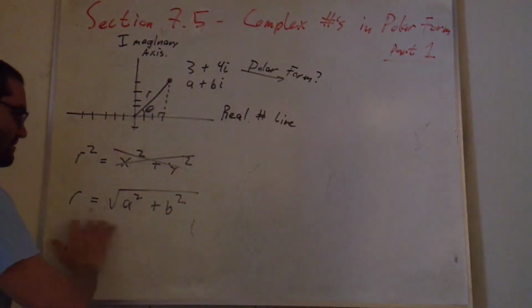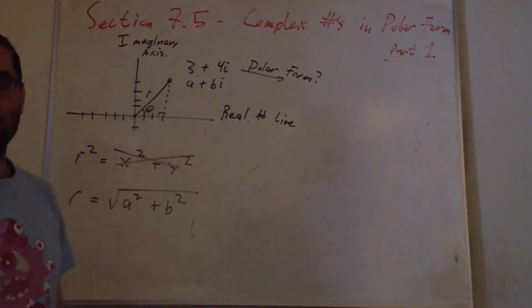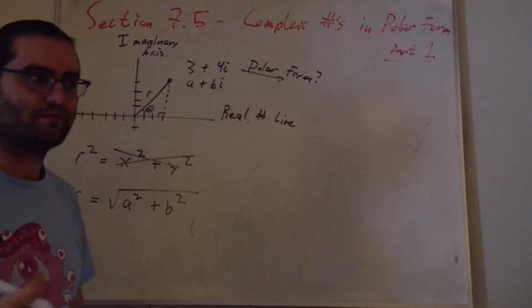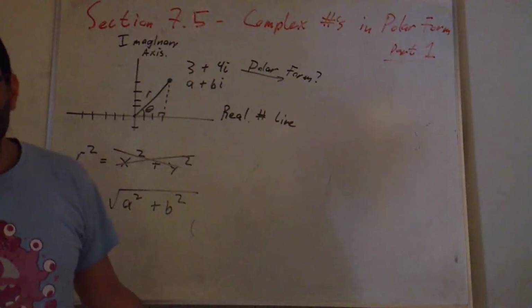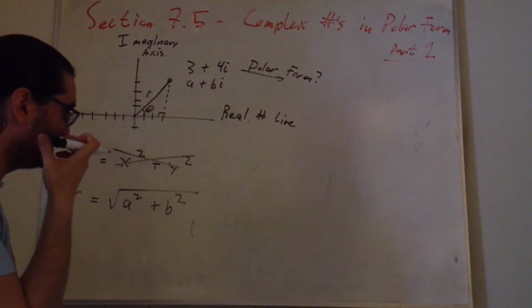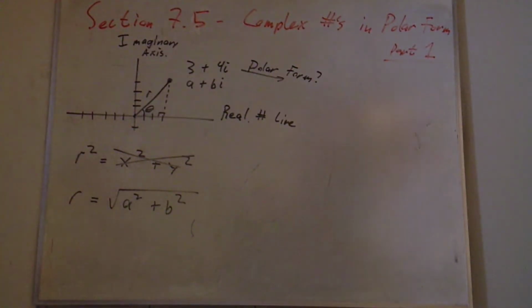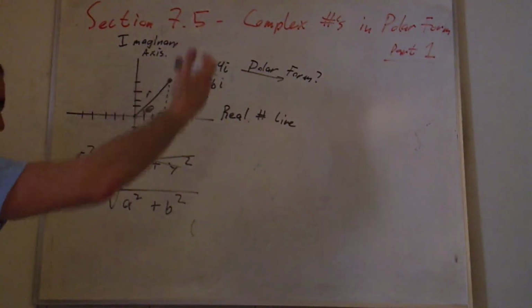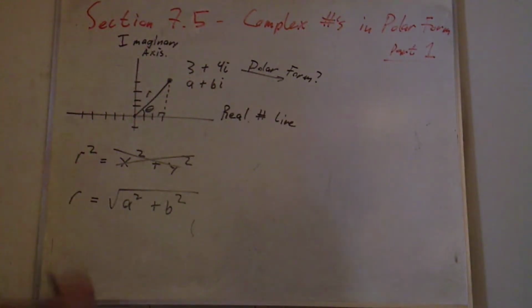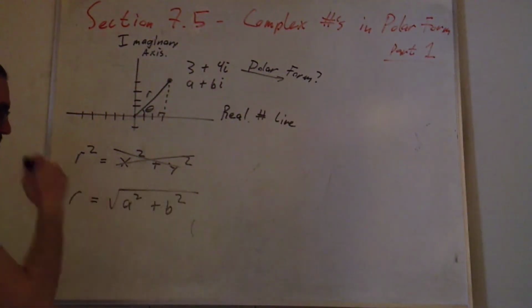So I didn't like this version with a square root in it. In this section, we figure that's been handled already. We've done our time with our negative radiuses, and now we can move on to a more sensible practice where we just say that the radius is always positive. This distance is always going to be positive in section 7.5. So r equals the square root of a squared plus b squared.